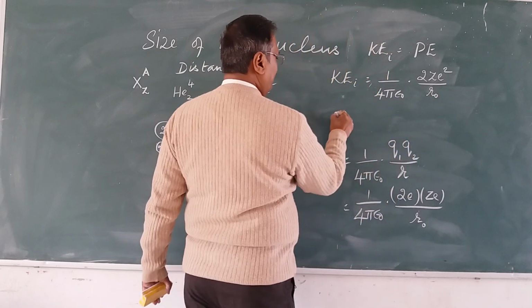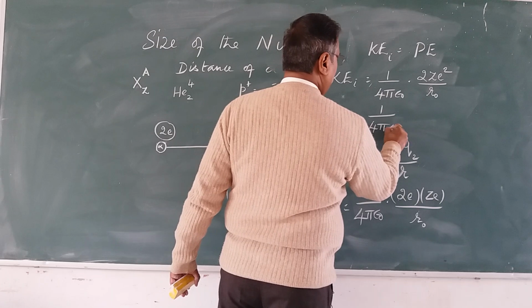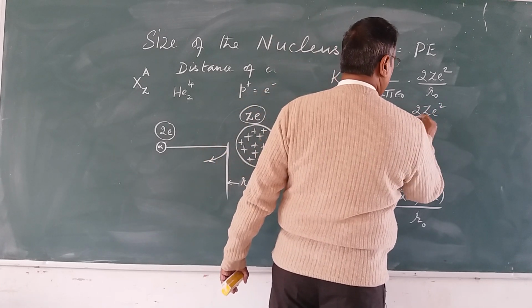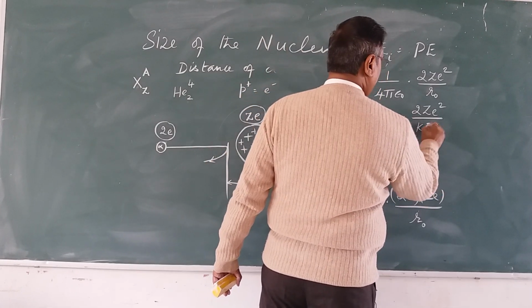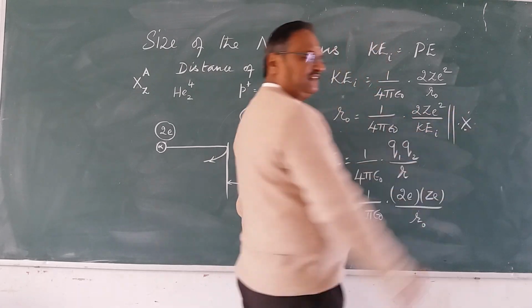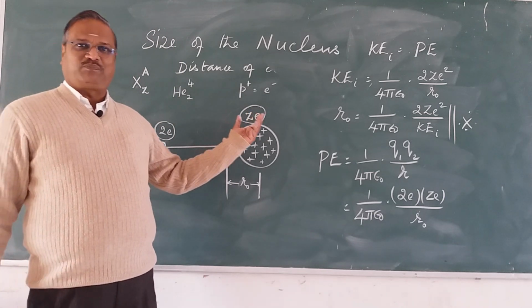What am I trying to find out? R naught. That is equal to 1 upon 4 pi epsilon naught into 2Z E square divided by, bringing the kinetic energy here, the initial kinetic energy. This is the formula for the distance of closest approach.